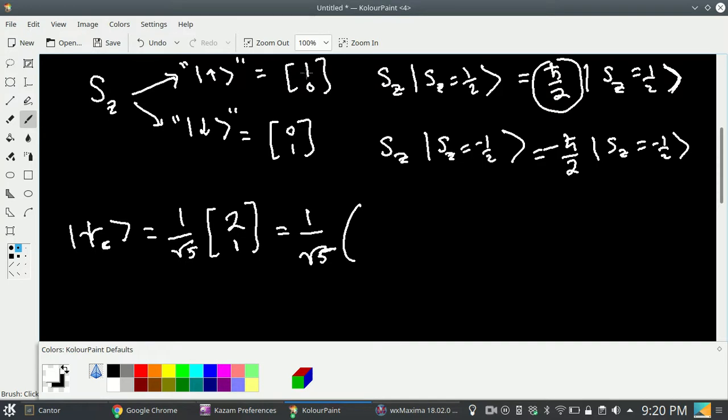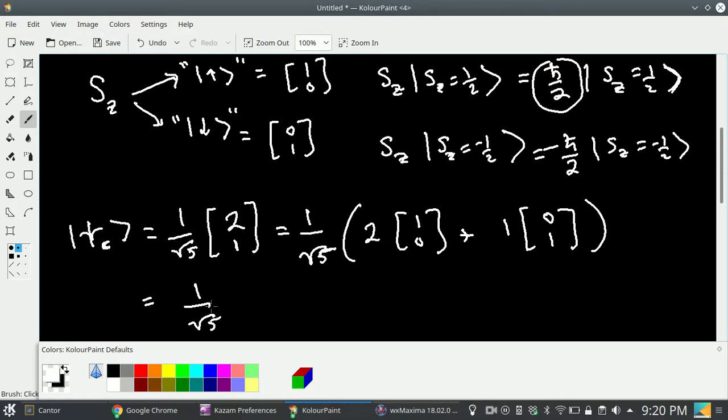Well, the 2 is 2 times this, right? And then the 1 is just 1 times this. All right? And so we end up with psi of part C being just 1 over root 5 times the combination of 2 of the spin up eigenvector plus 1 of the spin down, spin -1/2 eigenvector.